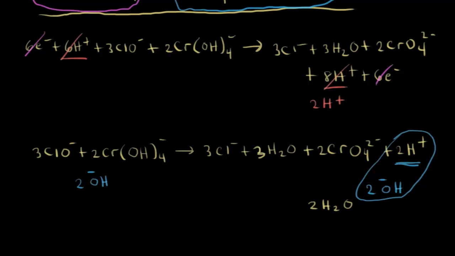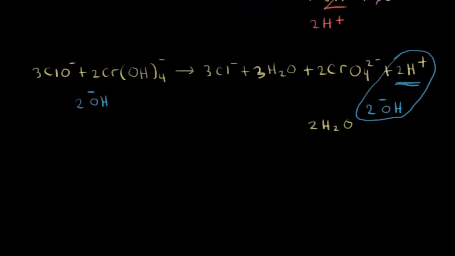So let's write the final answer here, including everything that we've done. On the left side, we have 3ClO minus plus 2Cr(OH)4 minus, and now we added in those 2 hydroxides, so plus 2OH minus.